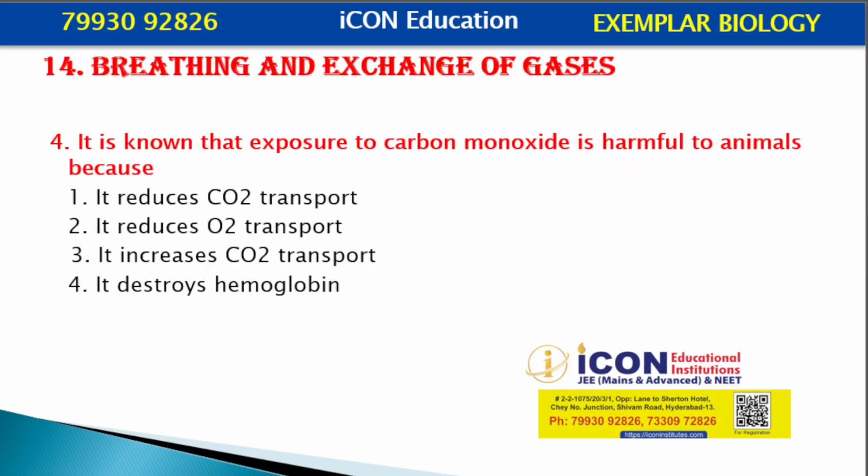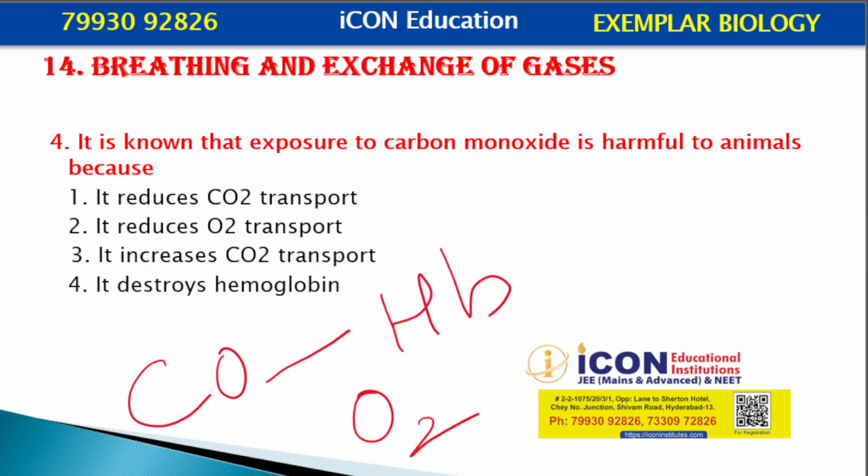It is known that exposure to carbon monoxide is harmful to animals because it reduces carbon dioxide transport, it reduces oxygen transport, it increases carbon dioxide transport, or it destroys hemoglobin. Here, the fact we should know is that the affinity of carbon monoxide for hemoglobin is very much greater than that of oxygen.